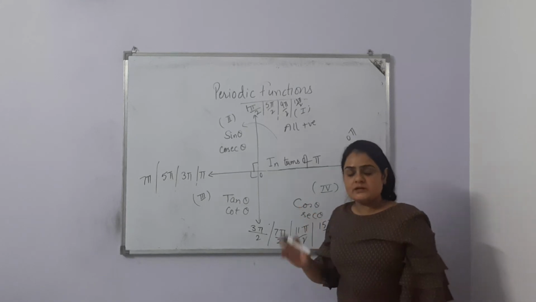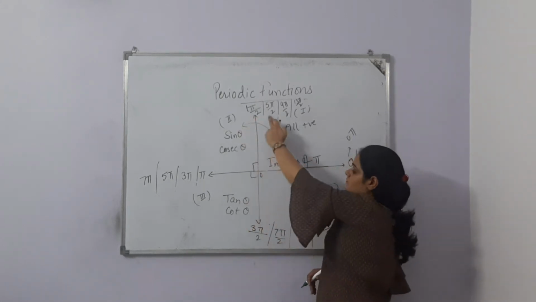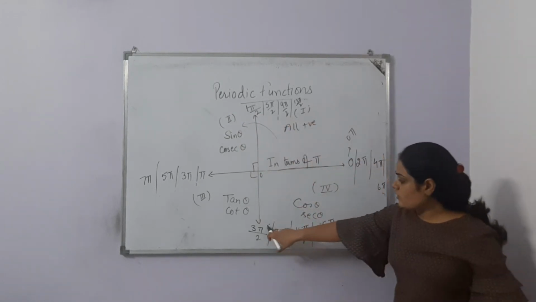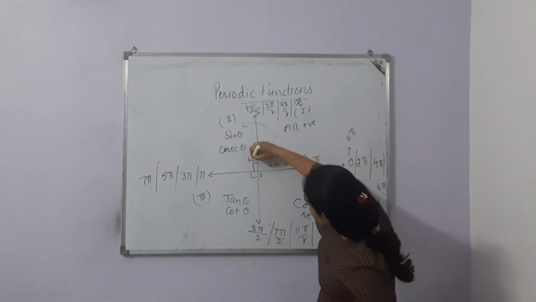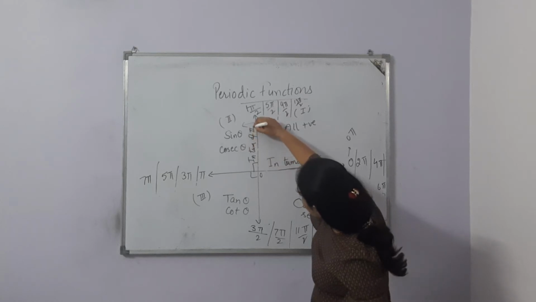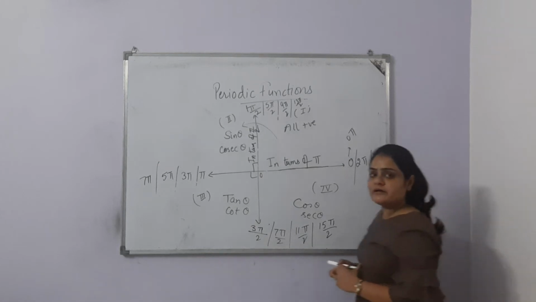Of course, the odd numbers come along with pi by 2: 1, 3, 5, 7, 9, 11, 13, 15. But all are coming with pi by 2. So the y-axis, the vertical line, is in terms of pi by 2. All angles are in terms of pi by 2.